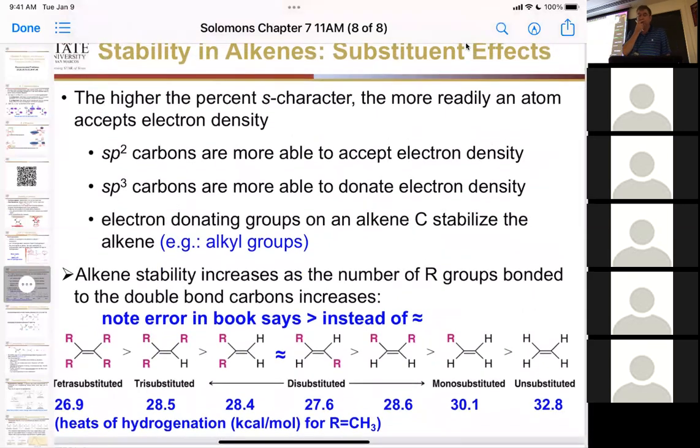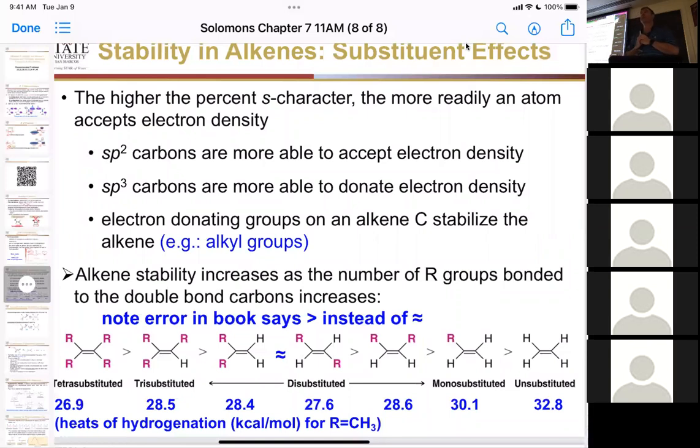Let's go back to hybridization again. The more percentage of S character, the more able you are to accept electron density, because the S is smaller and held tighter to the core. sp3 carbons are more able to donate electron density because they have less s character, more p character.